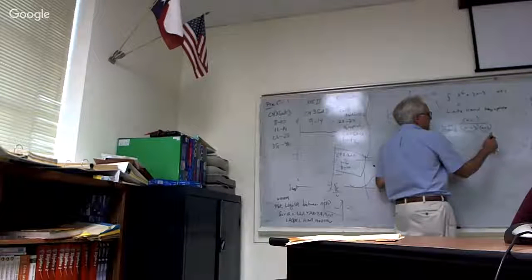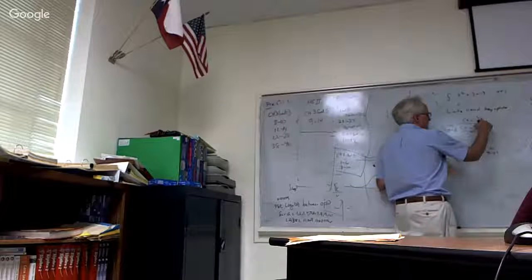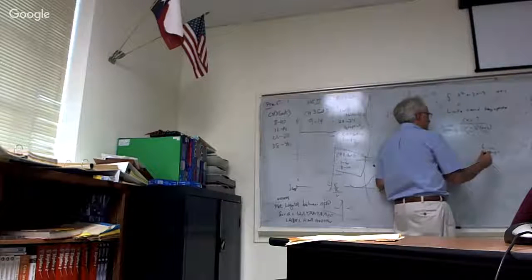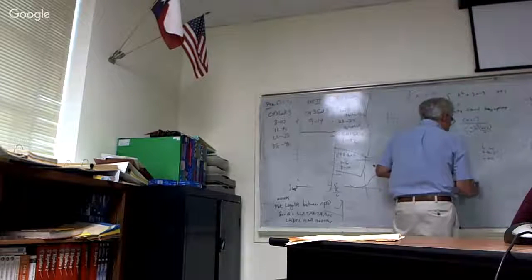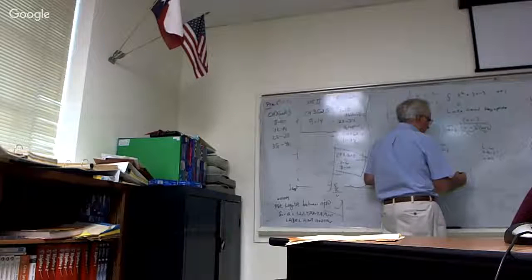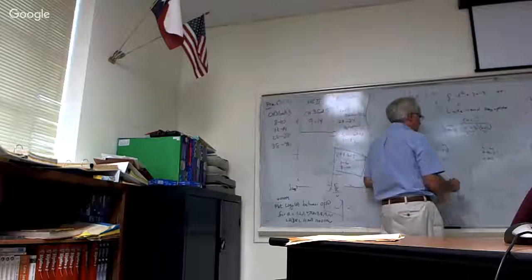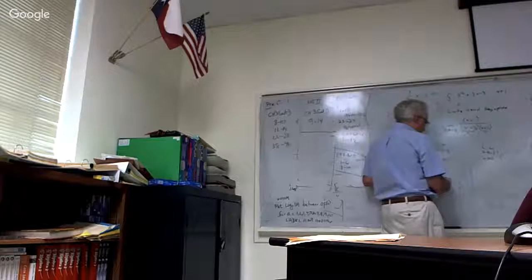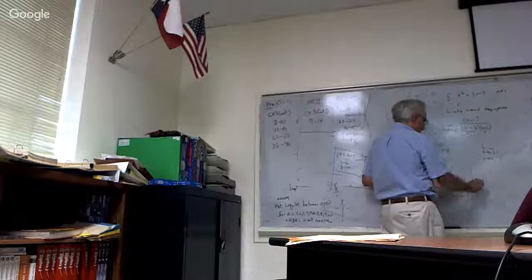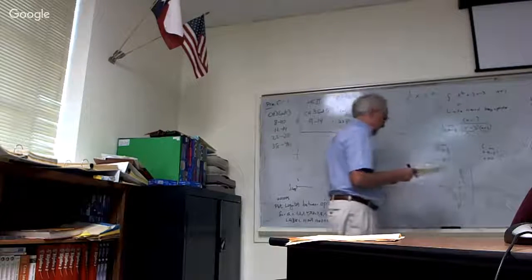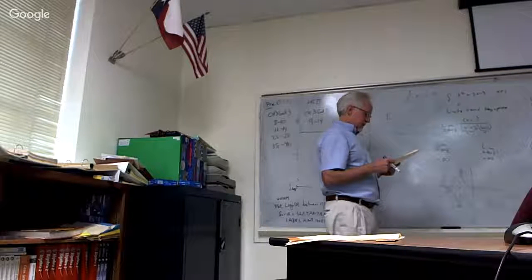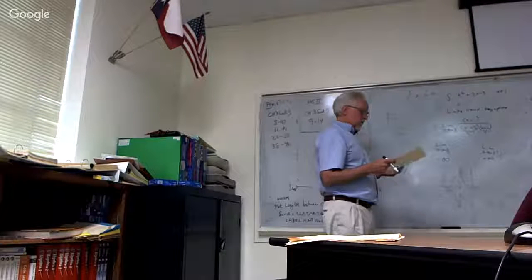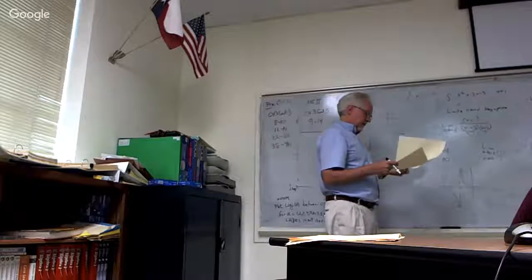What would this be? Positive. What would this be? Negative. What would this be? Negative. So the whole thing is going towards positive. So at -2, on the negative side it's going to -infinity, and on the positive side, it's going to +infinity. Does the limit exist? No. The limit does not exist because it's going one to +infinity, the other to -infinity.